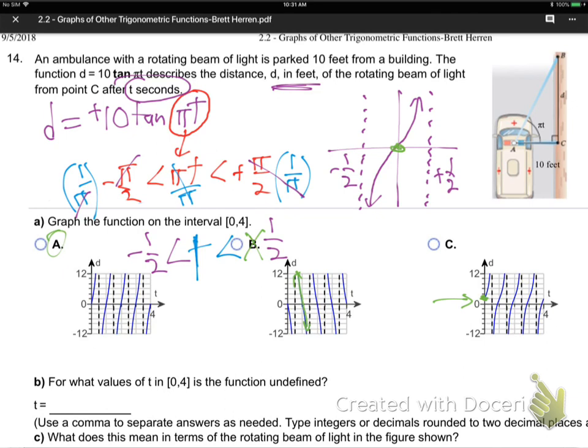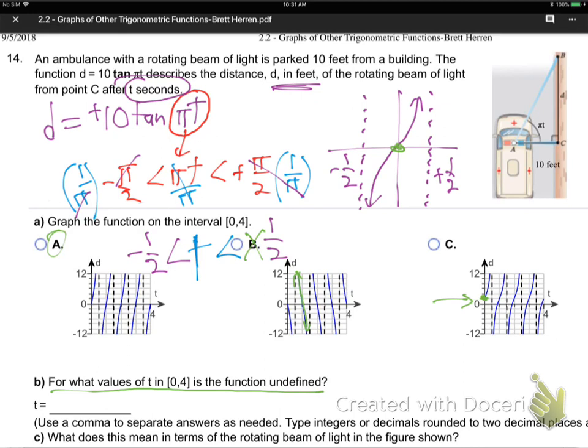We have more parts to this one, if you're good with that. So for what values in 0, 4 is the function undefined? When is the function going to be undefined? Look at the graph. Undefined means the vertical dotted line, right?